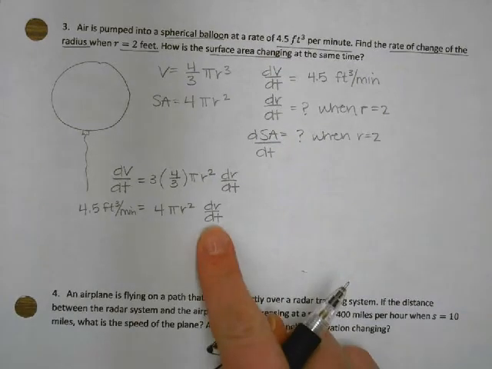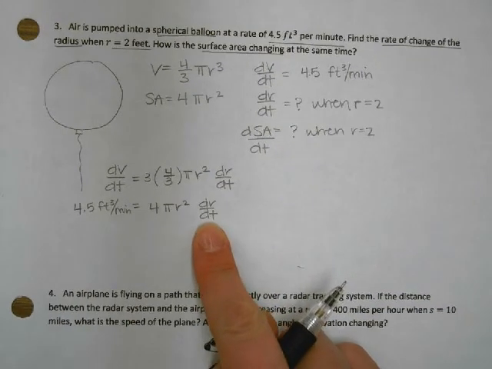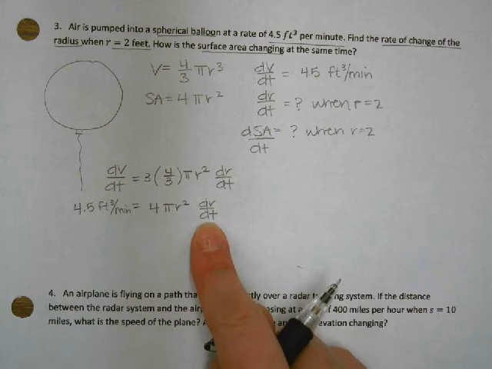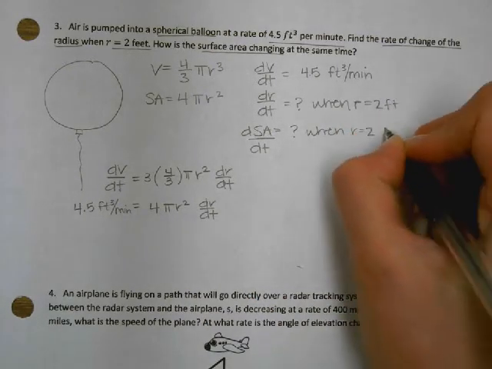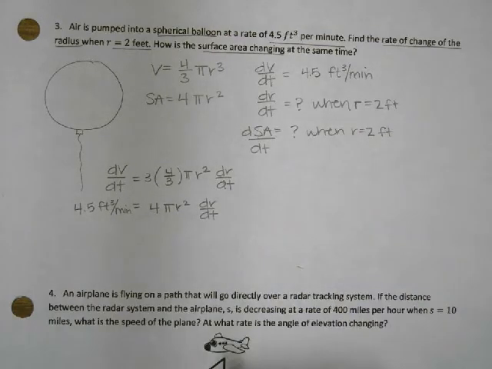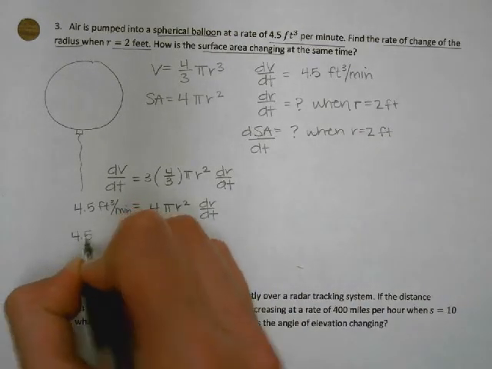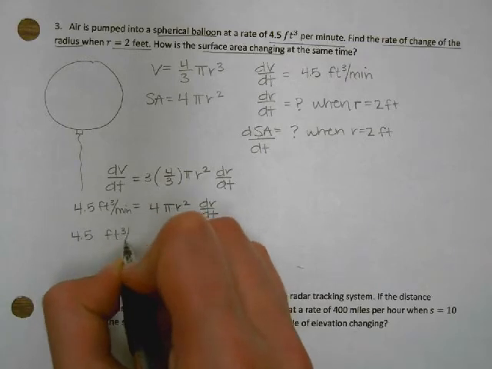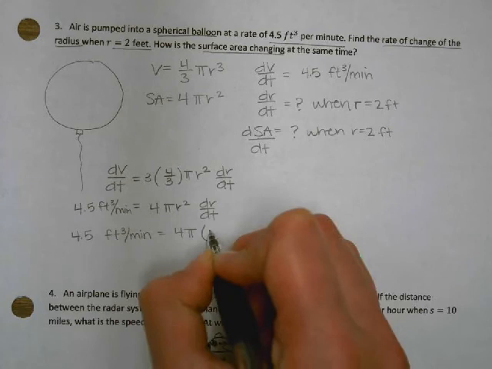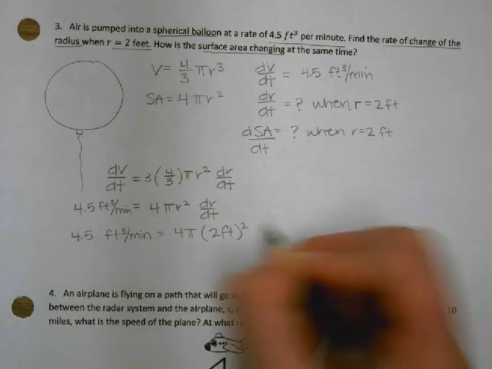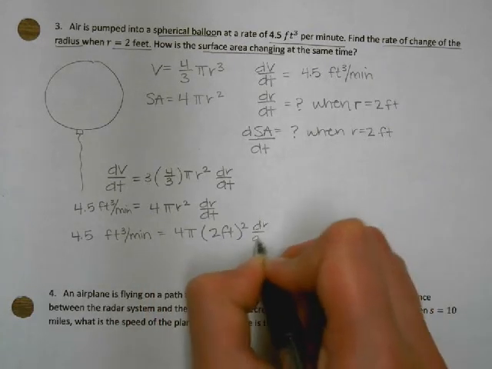And dr dt is one of the things we're solving for, but we do know that we're solving for that when the radius equals 2 feet. Put all my units in here. So I have 4.5 feet cubed per minute equals 4 pi times 2 feet squared dr dt.